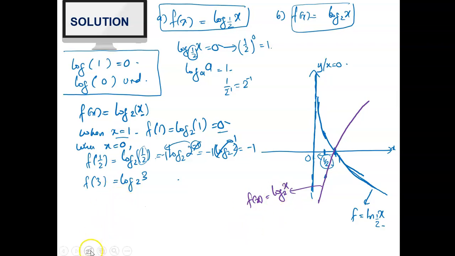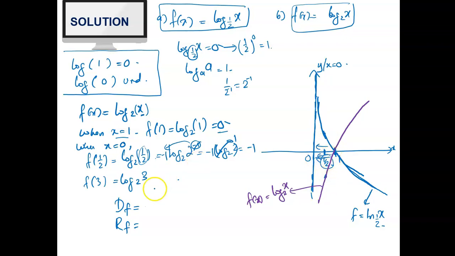Now what are the domain and range of both of these functions? Look at this one here, the graph slides up approaching the line x equals 0, meaning the value of x approaches 0, and for this one too.